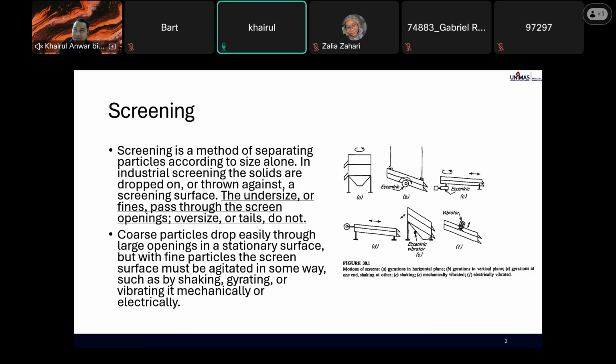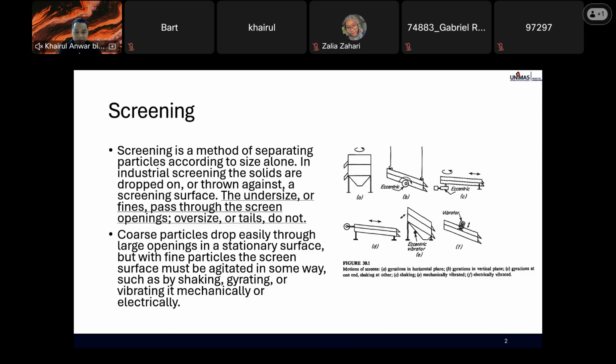So it's a mesh, macam separapis. It is a screen. So bigger particles cannot pass through the screen because of the size, so we call it oversize, tails.